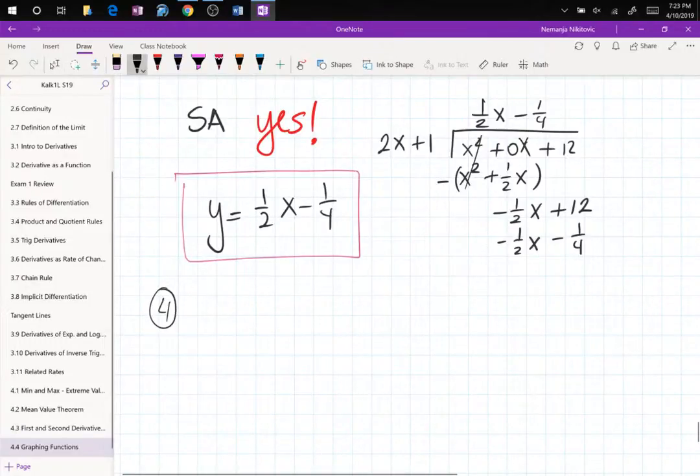Number 4, we are going to take the derivative of this. So f prime of x is equal to... Now if you use logarithmic differentiation to make your life easy for the first derivative, you would still have to multiply everything out to do the second derivative. So it's more like pick your poison.